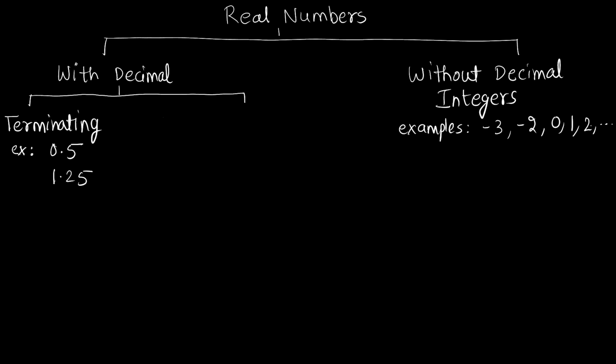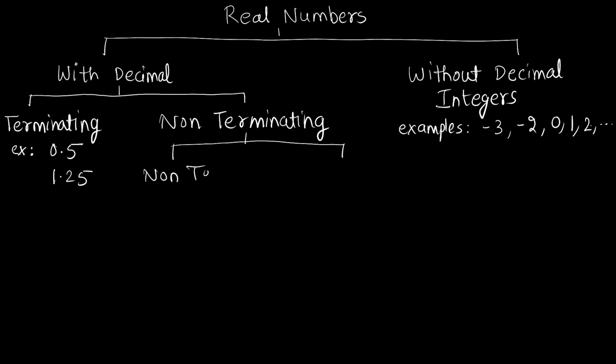Now the other category is non-terminating. In non-terminating we also have two subcategories: the decimal expansion is non-terminating as well as repeating. So we can say the decimal expansion is non-terminating, as well as there is some pattern that is repeating.